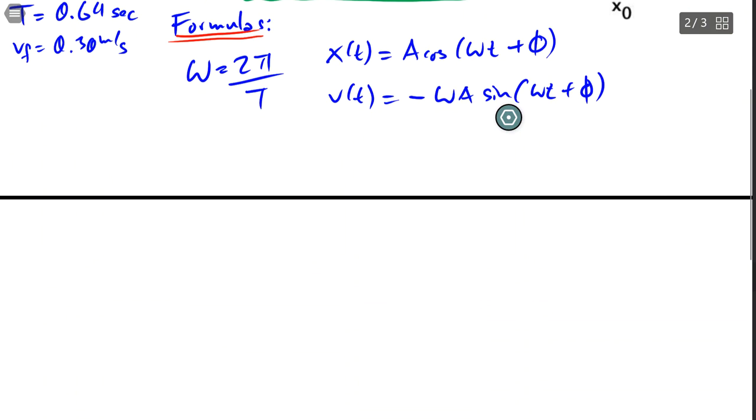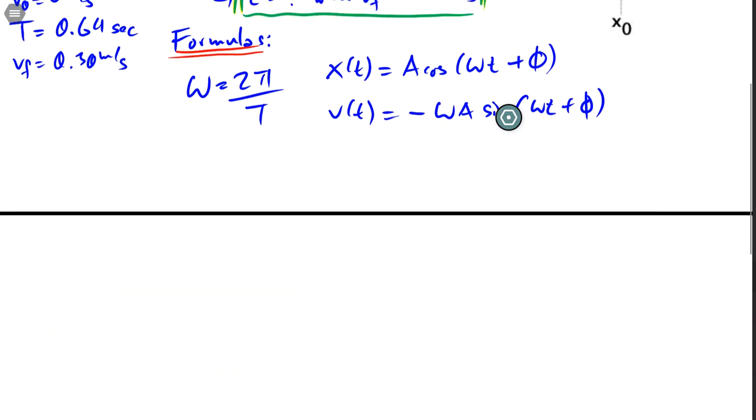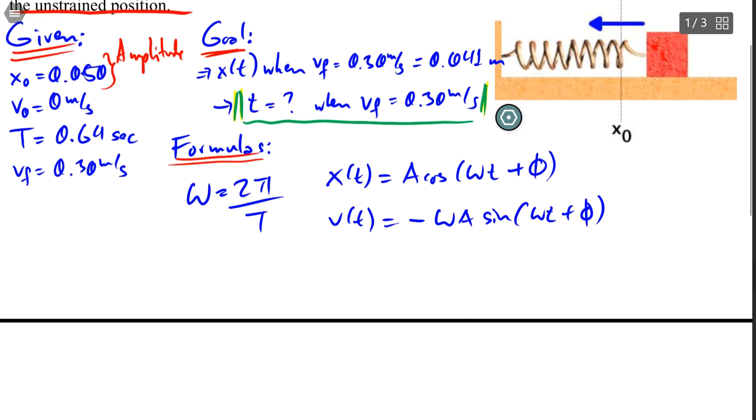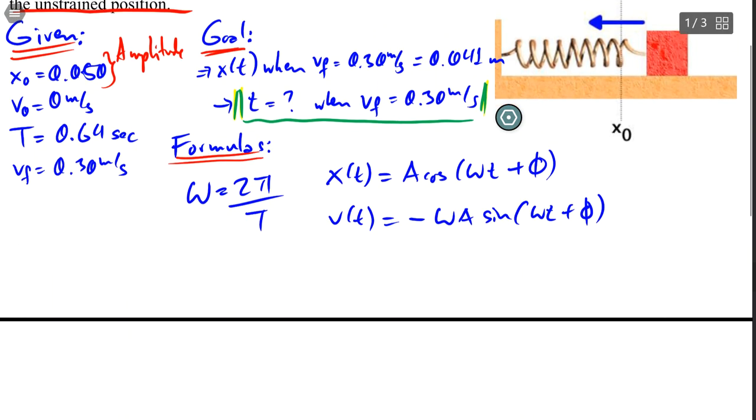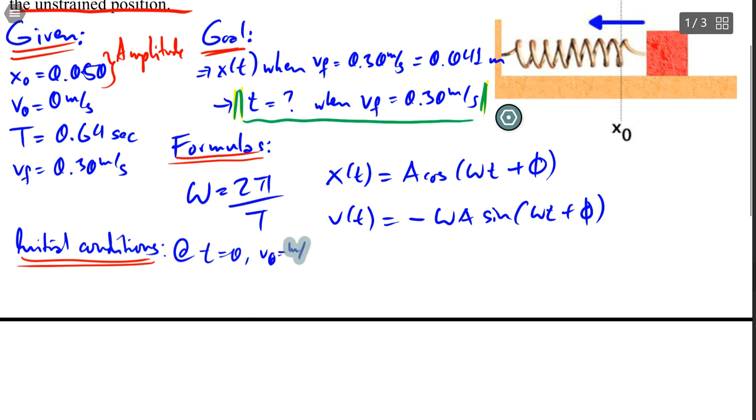The first thing I'm going to do is solve for the phase constant, and we do that by looking at the initial conditions. It's actually not too bad. It just says that at t equals 0, it's at rest. V sub 0 is also 0 meters per second.